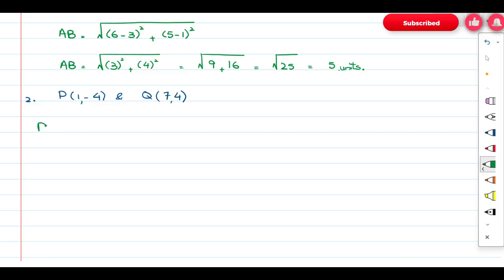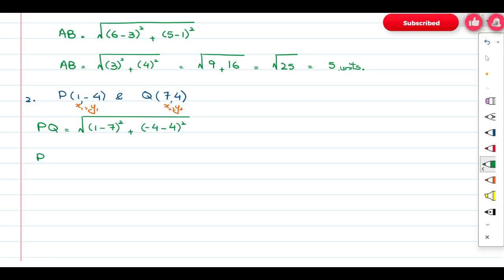So the distance PQ is the square root of... the first P coordinates I use as x1, y1, and these coordinates are x2 and y2. So x1 is 1 minus x2 is 7 whole square plus y1 is negative 4 minus y2 is just 4, its whole square.